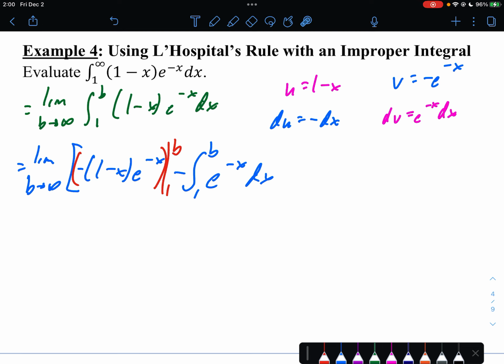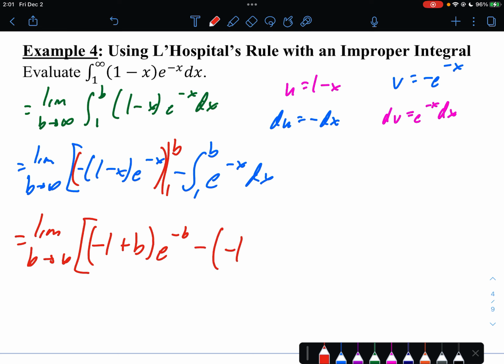All right, so then our next step, limit as b approaches infinity of, if we put b in there, we would get negative 1 plus b times e to the negative b, minus negative 1 plus 1 times e to the negative 1, which is all going to be 0 anyway.